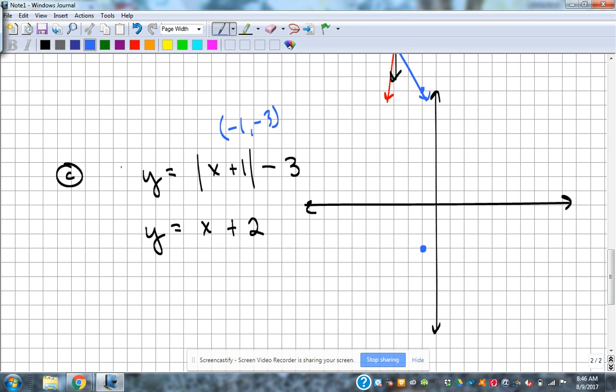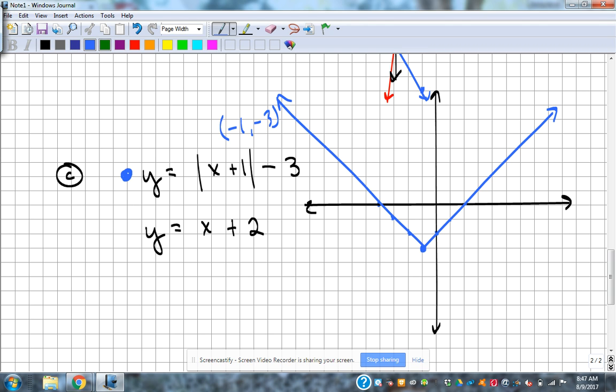That's my vertex for that one. And then I would count up 1 over 1 in both directions and get that V shape happening on that absolute value graph.